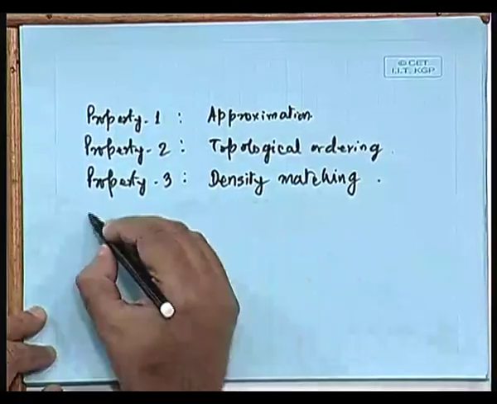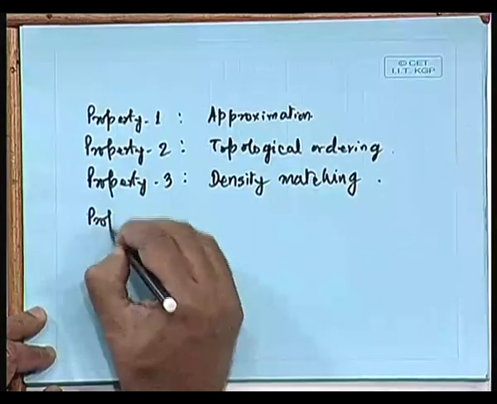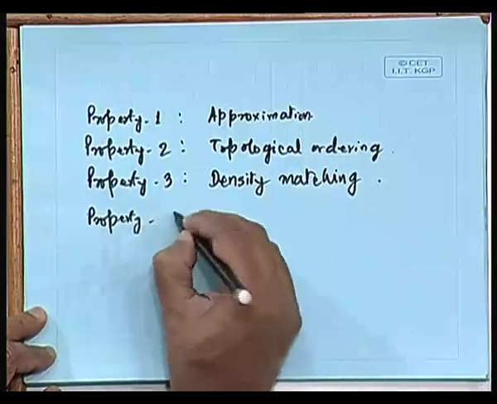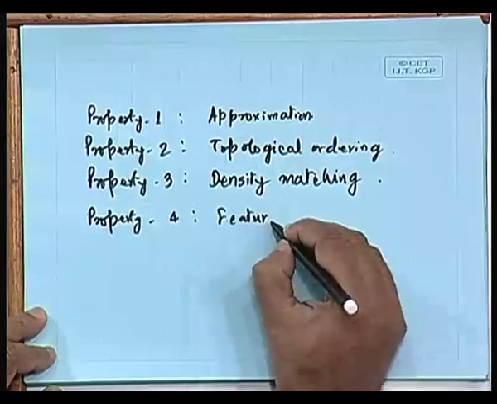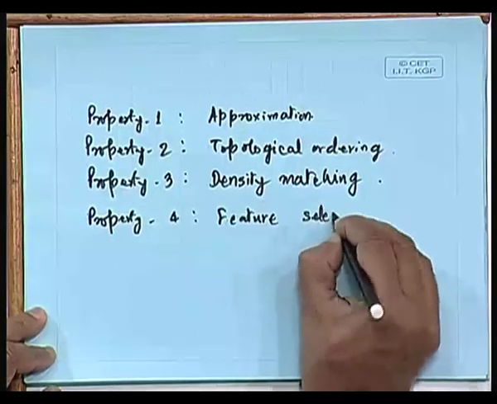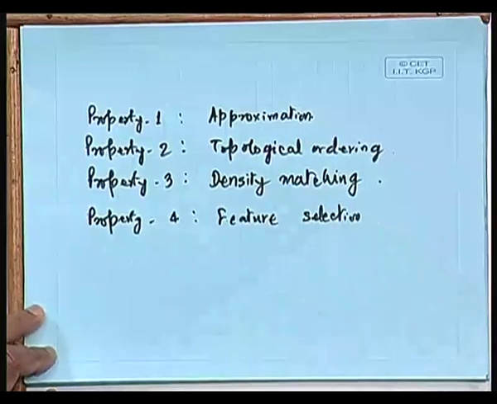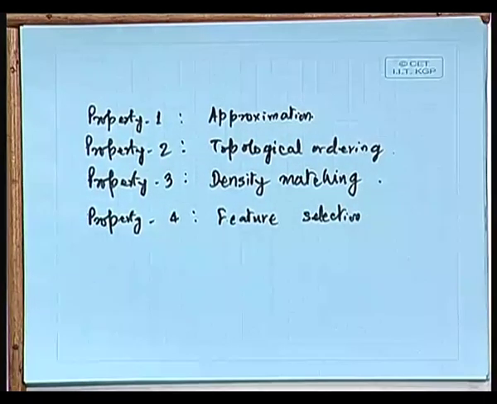So, that is the density matching part of it, and then the last property is feature selection. That basically is also not very new. We have an input space with nonlinear distribution, and even from that we are able to pick up the best feature out of a nonlinear distribution of the input space.